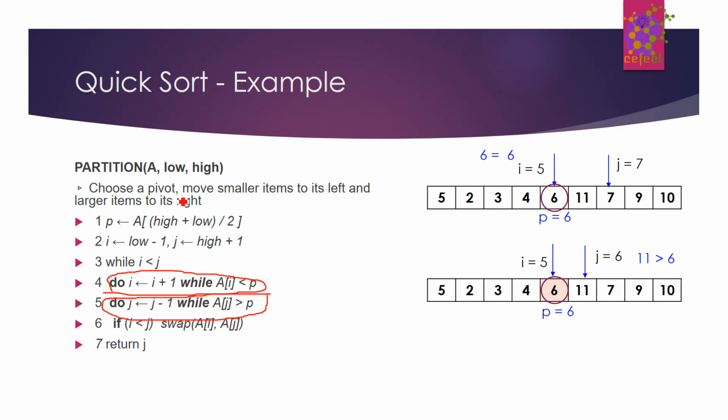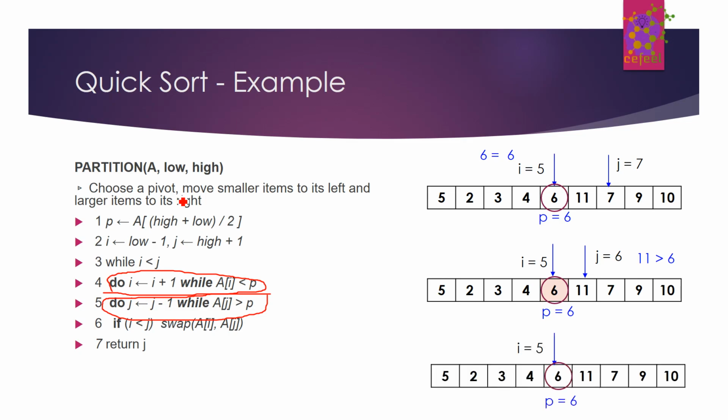No need to stop here. We'll continue by decrementing j to 5 from 6, and now we have 6, and 6 equals 6. In this case aj is not greater than p, which means the loop in step 5 will break, and then we will go to step 6 now. We have found an element that is out of order with respect to the pivot. In fact, it is equal to the pivot.